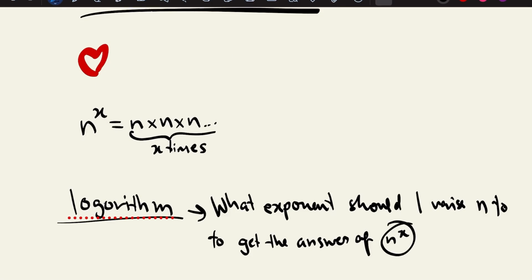Obviously, this is going to be a number and we're not going to write it like that. Otherwise, it's going to be too easy and we're just going to say x.